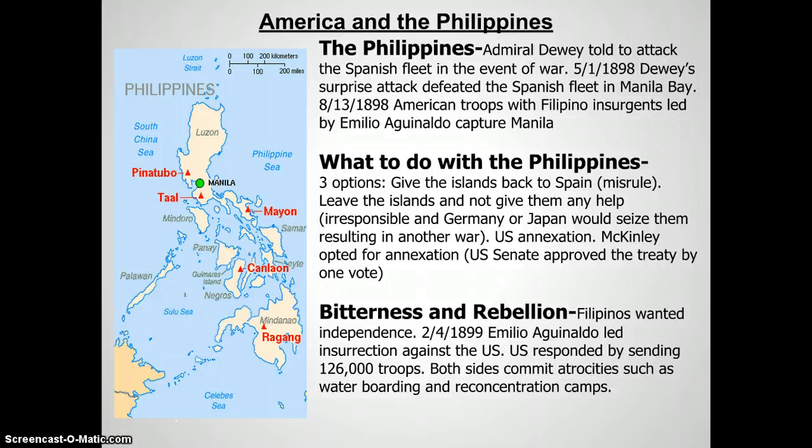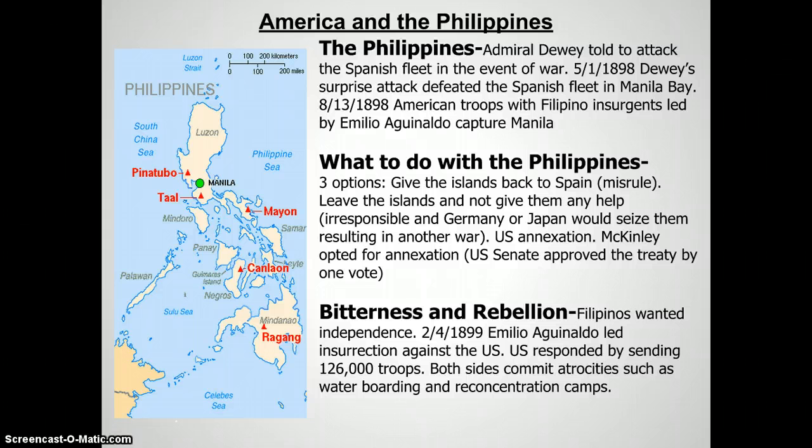We could leave the Philippines independent, but they are in a position where other countries could come in and take them over. So not only would they not be independent, but someone else would have control of those resources. And remember, why are we acting imperialistically? Resources.